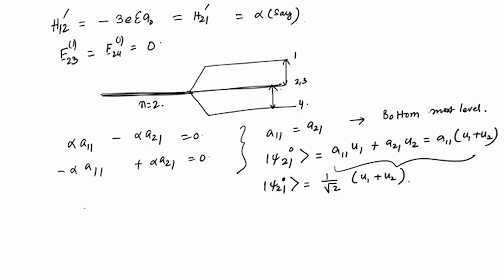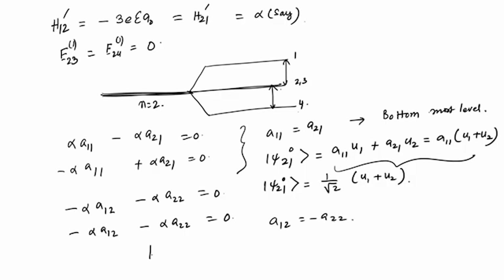For the topmost level, we have the other 2 equations corresponding to the changes in the energy: alpha A12 minus alpha A22 is equal to 0, and minus alpha A12 minus alpha A22 is equal to 0 as well. So, we have A12 equal to minus A22.